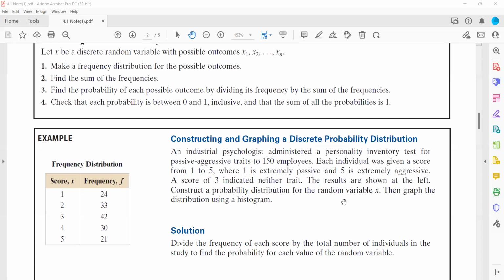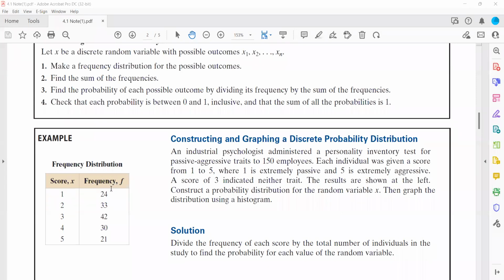First of all, we are dealing with a discrete random variable. The score is a random variable. The score is changing. The score can be 1, 2, 3, 4, or 5. So our random variable is x. What about the frequency?